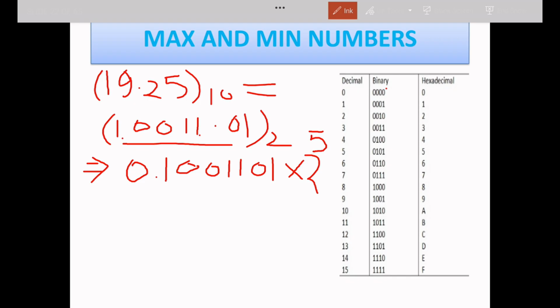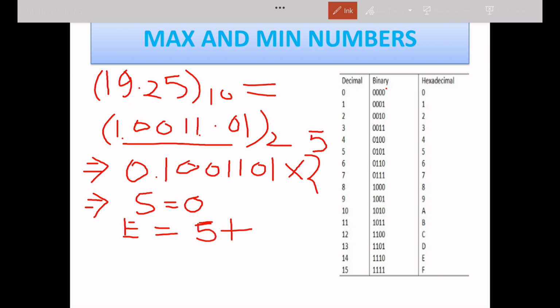Now after that, what will I write next? What is my sign? Sign is equal to 0. Next I am writing my exponent. My exponent is equal to 5 plus bias. What is the bias?